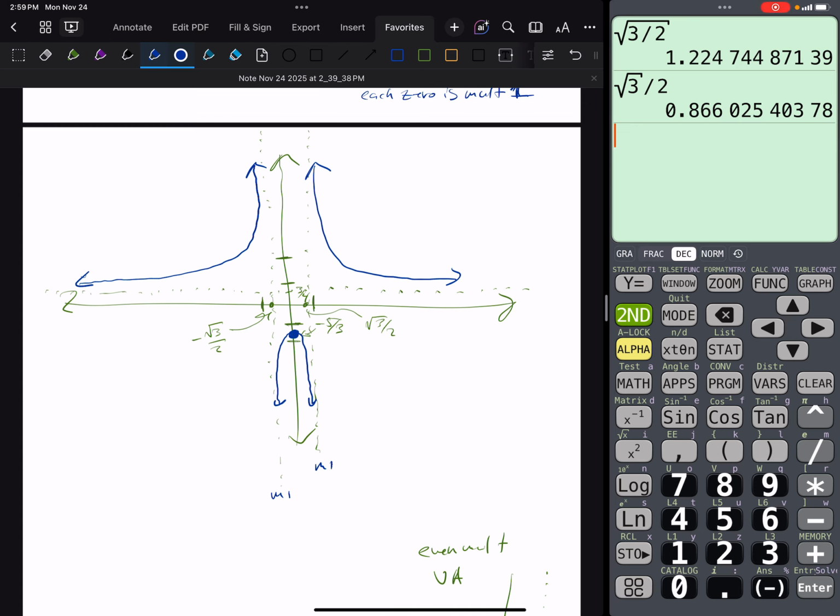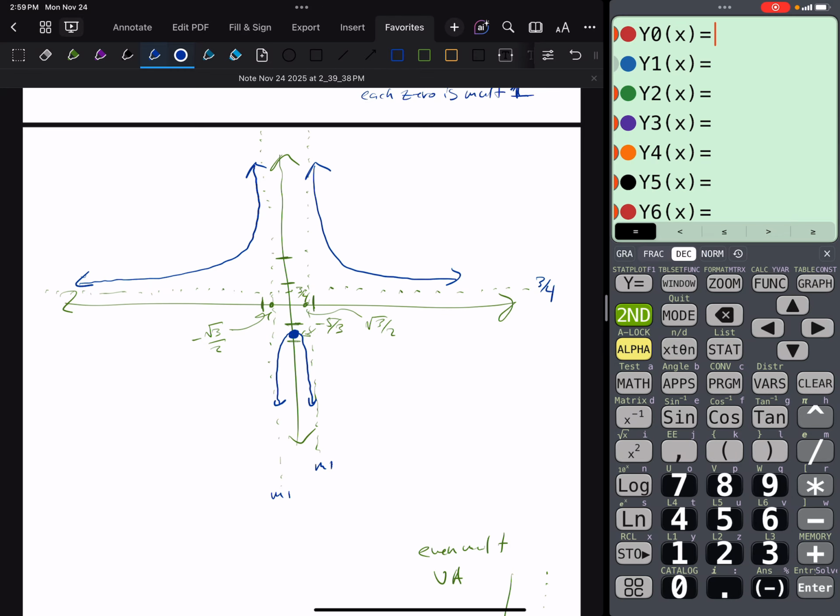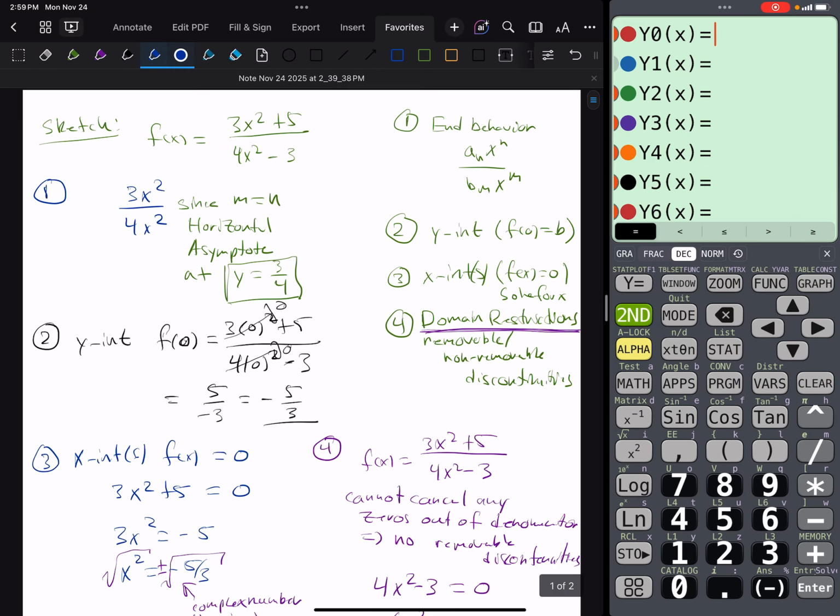And so there's my 3/4 horizontal asymptote, my 2 vertical asymptotes, my y-intercept, and what I have to draw in the middle. There was no other choice. All right, well, now let's find out if we actually did a decent job with this sketch.